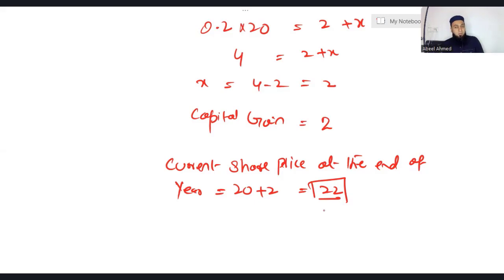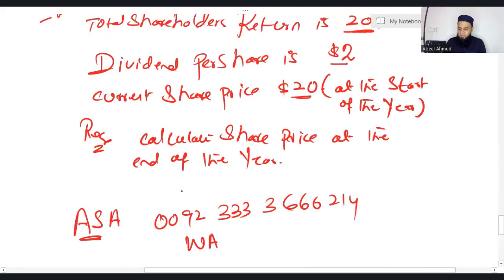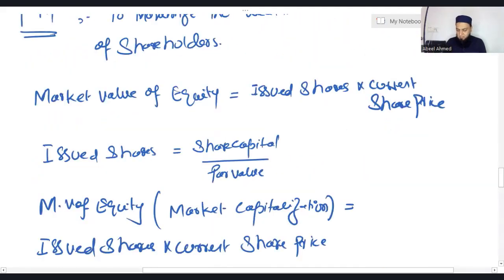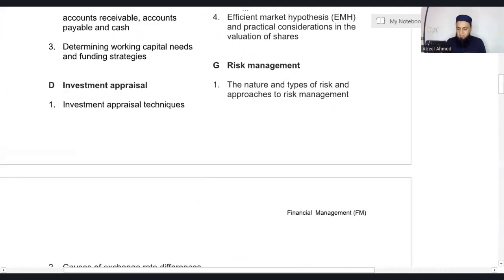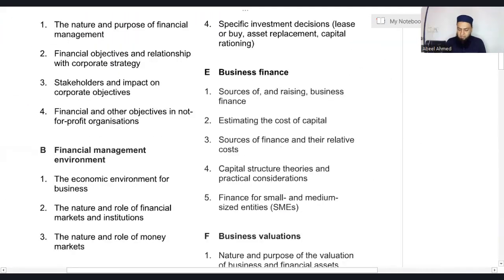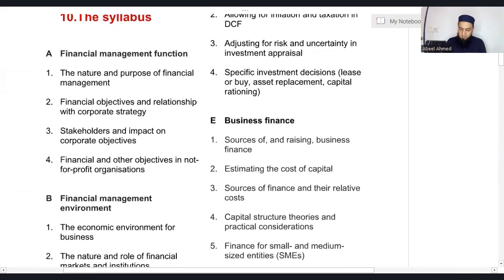In the first class, I also discussed the sequence of the syllabus in which we will study financial management. We are going to cover each and everything, the theoretical part as well as the numerical part, long questions as well as MCQs. If you want to have a quick glance at what you have in the syllabus, this is part A of the syllabus.